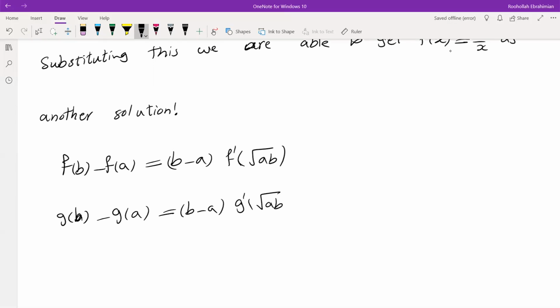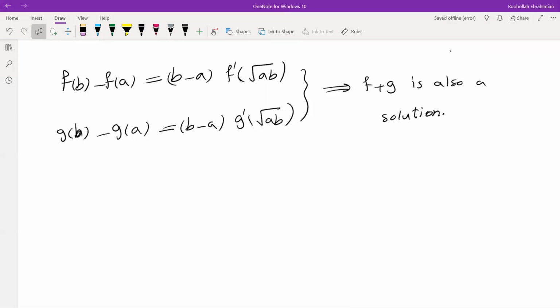So then f plus g is also a solution. Okay, so that's nice, but I'm still not quite clear on how to solve the problem. So we showed so far that f(x) equals a plus bx plus c over x is a solution.